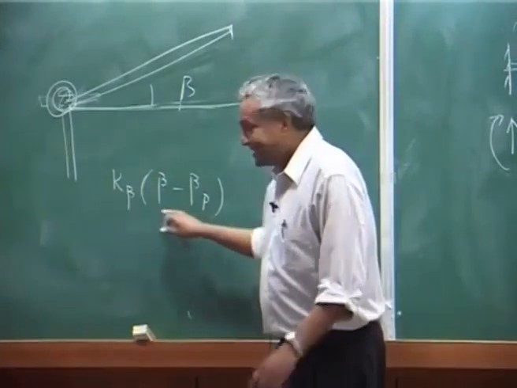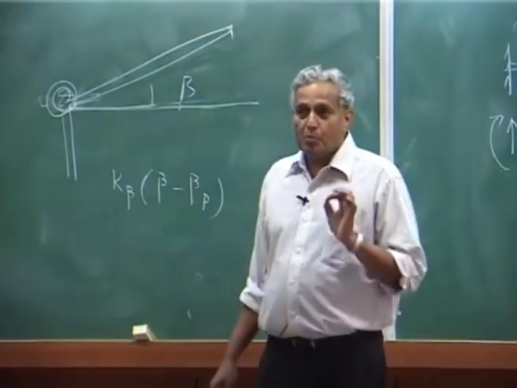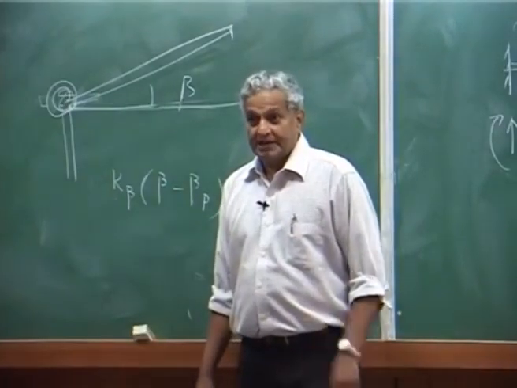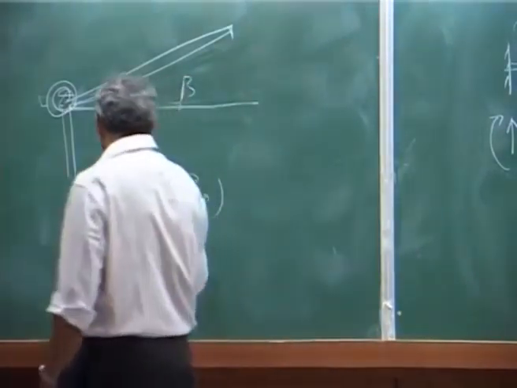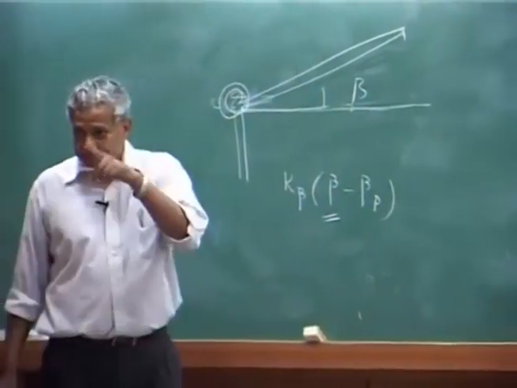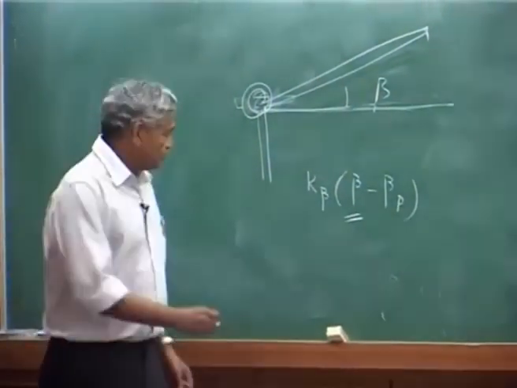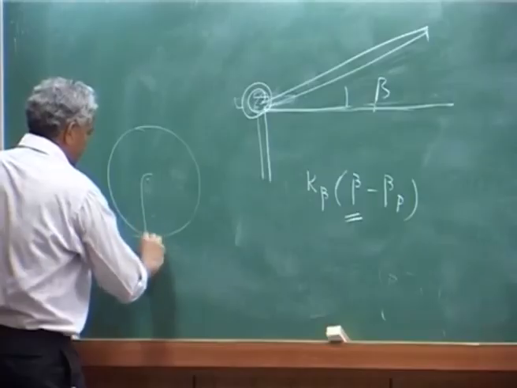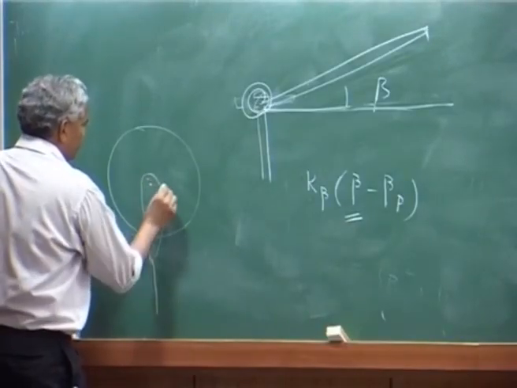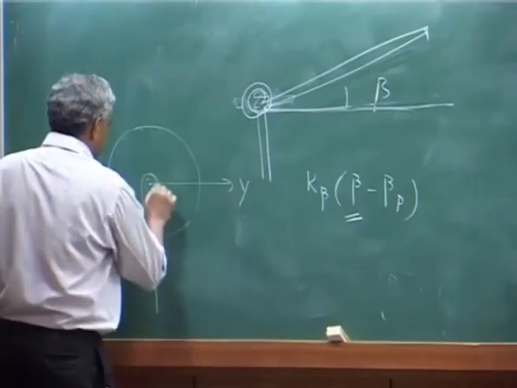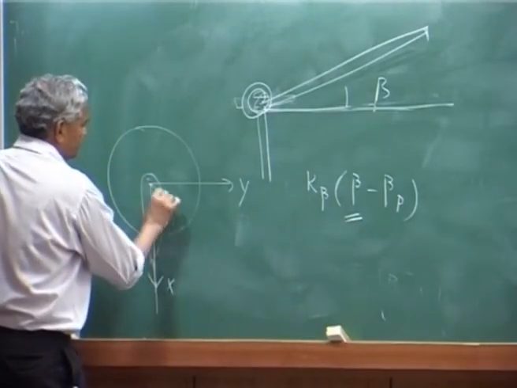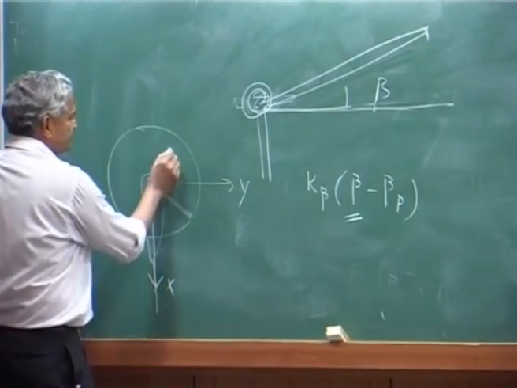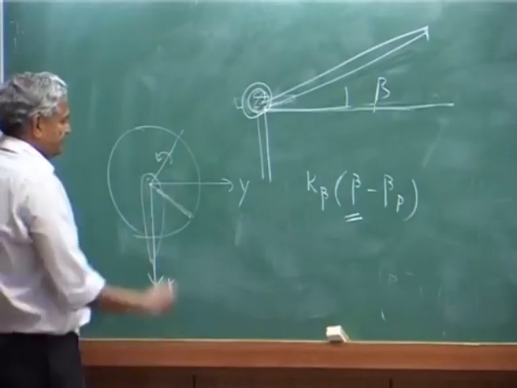So, I take this as the flap moment acting at the hub, at any time, because beta is a function of psi. Now I want to get, this is my rotor disc, this is my helicopter, and this is my y axis, this is my x axis. When the blade is here, the flap moment is about this axis, right.